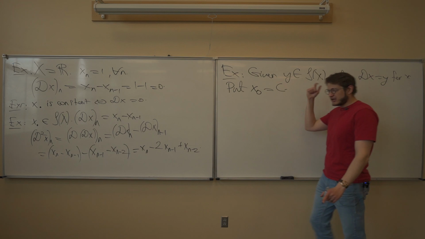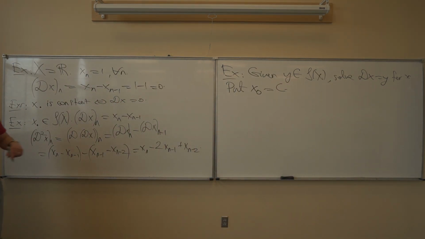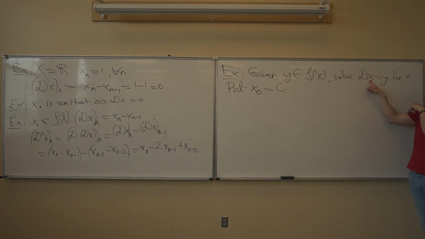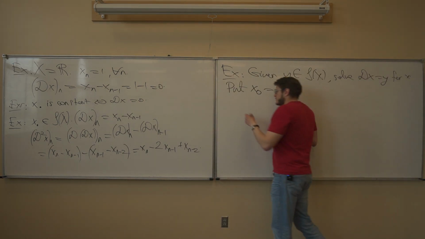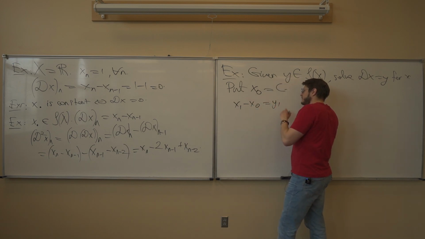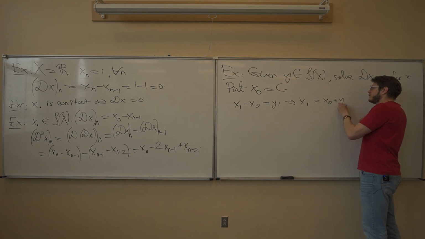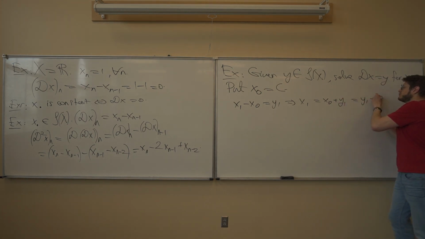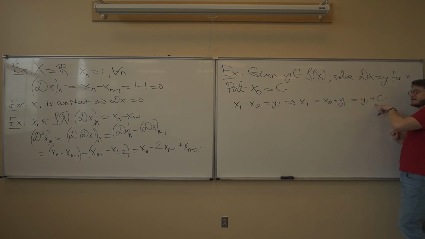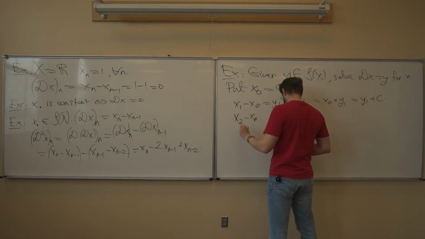Okay, so this is analogous to that plus c in integrals that you have. Because I'm, in a sense, trying to integrate y to get back x. So x1 minus x0 equals y1, which means that x1 has to be x0 plus y1, which is y1 plus c. So given any c, I can find this. And then I can plug this back in to this one.